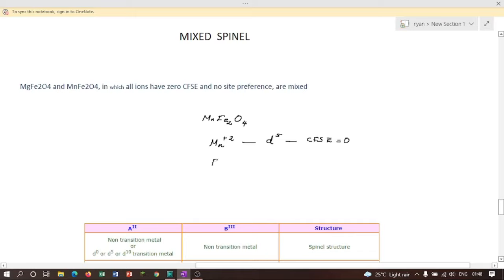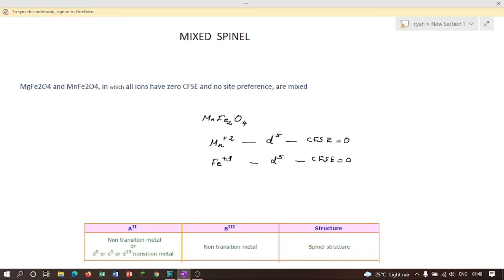Next, Fe is in the plus 3 oxidation state. Here this is also a d5 configuration, and the crystal field stabilization energy is equal to 0. Both of them are d5 configuration, and the crystal field stabilization energy of both of them is 0.